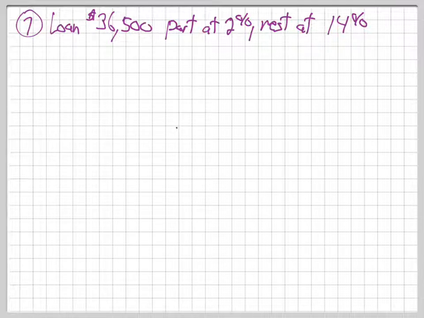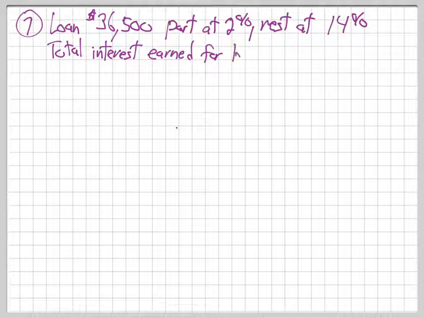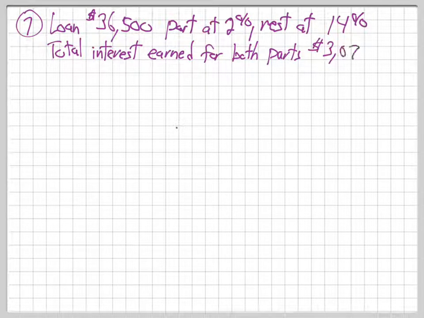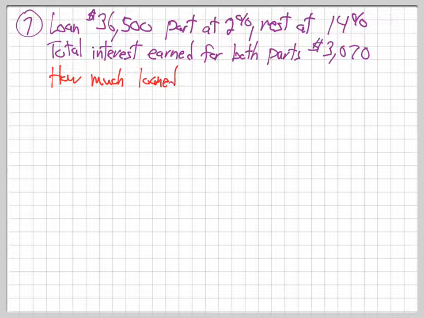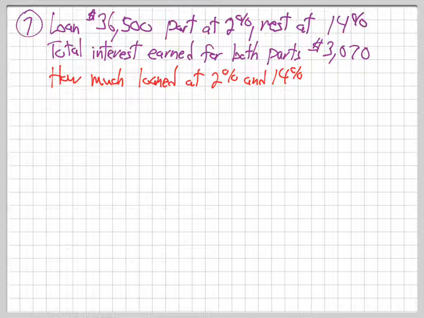Okay, so the total interest earned for both parts was $3,070. And so the question is, how much was loaned at each rate? How much loaned at 2% and 14%? Okay. Well, how do we do these?